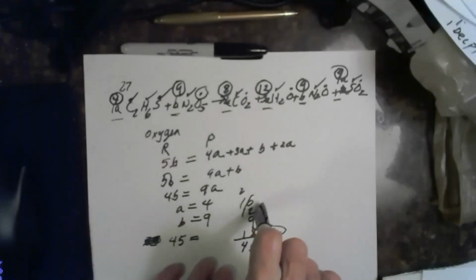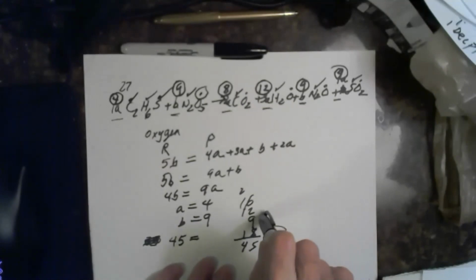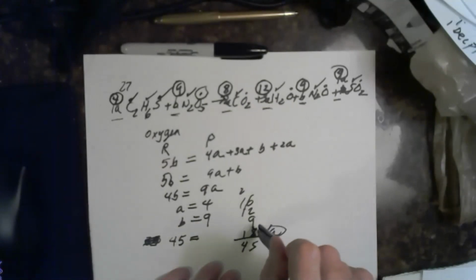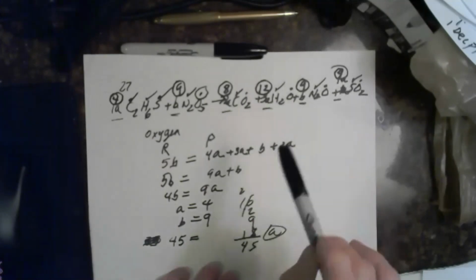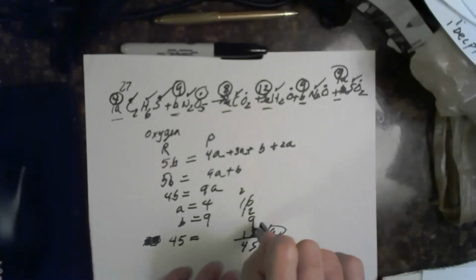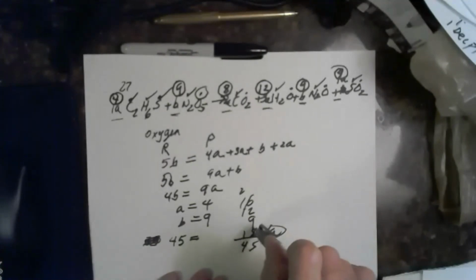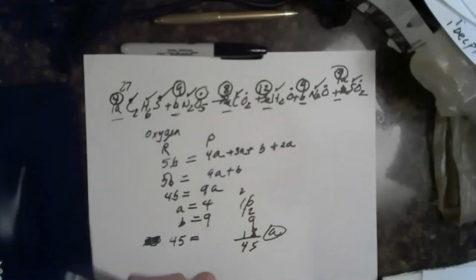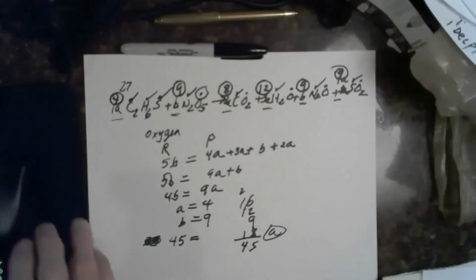I had 12 from the water, 9 from the N2O, dinitrogen monoxide, and 2 times 9, 18 for the SO2, sulfur dioxide. Add them all up, I got 45 equal 45. So that is the correct balance.